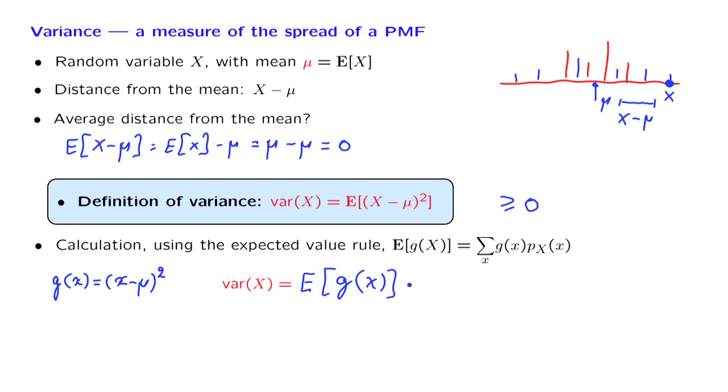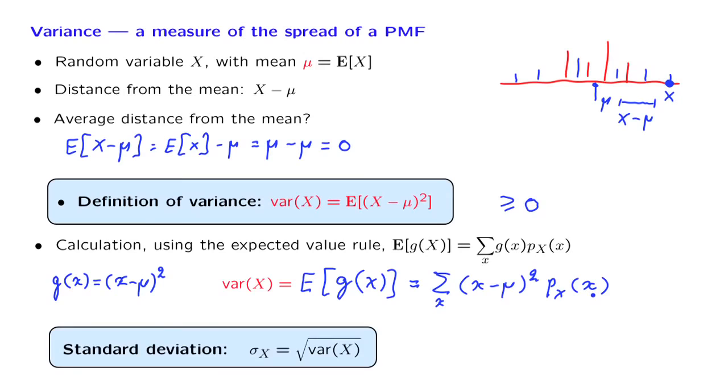So we can use the expected value rule applied to this particular function g, and we obtain the following. So what we have to do is to go over all numerical values of the random variable x. For each one, calculate its squared distance from the mean and weigh that quantity according to the corresponding probability of that particular numerical value.